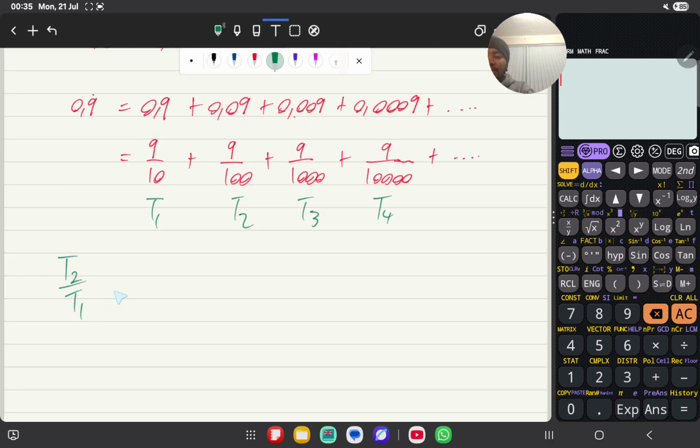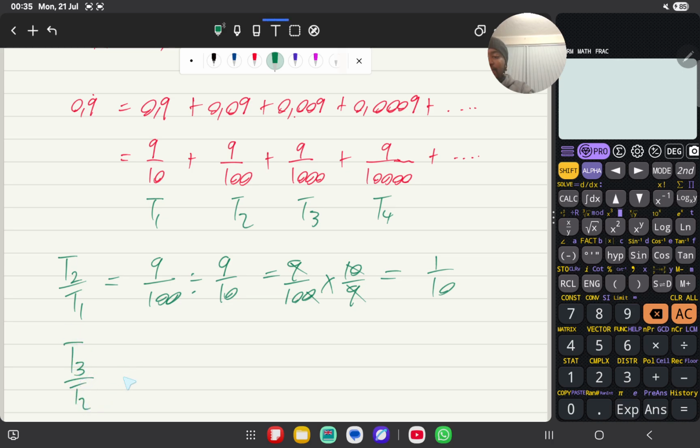T2 over T1 is going to be 9 over 100 divided by 9 over 10, which is 9 over 100 multiplied by 10 over 9, and then the 9s cancel, and this cancels, so you have 1 over 10.